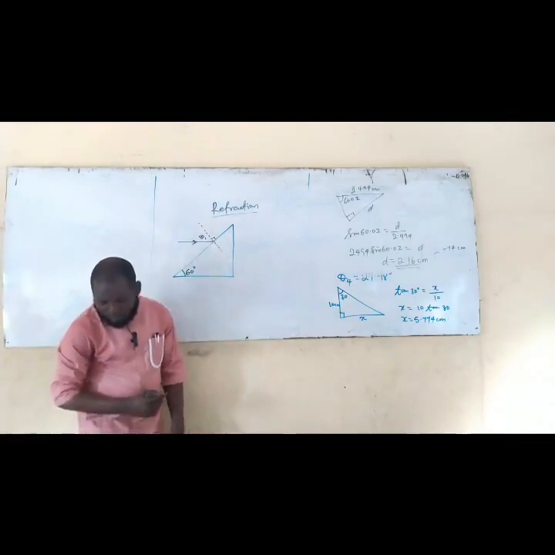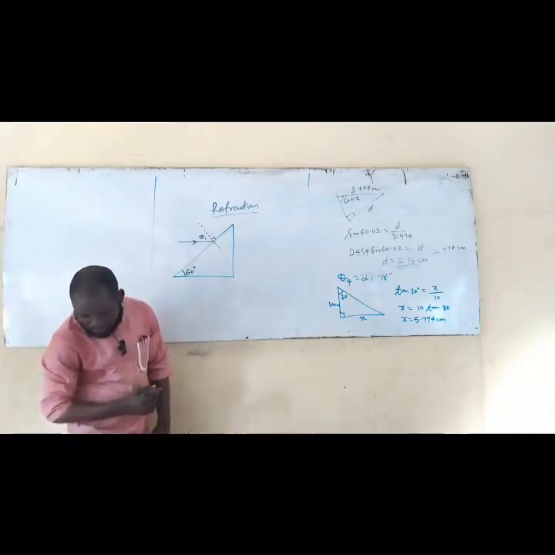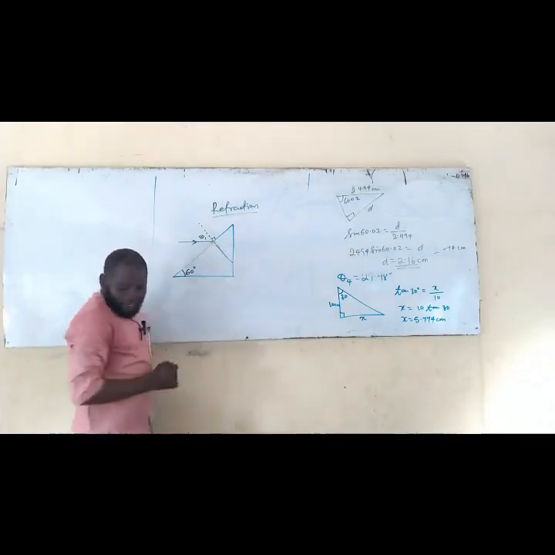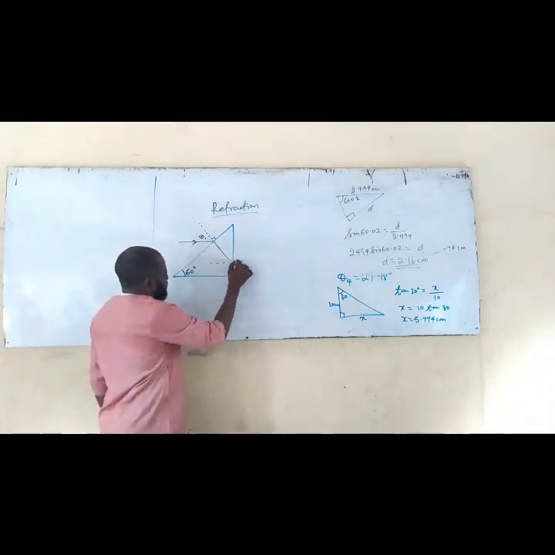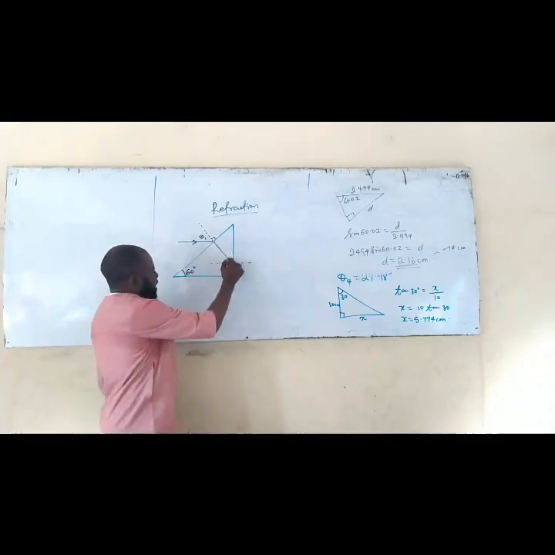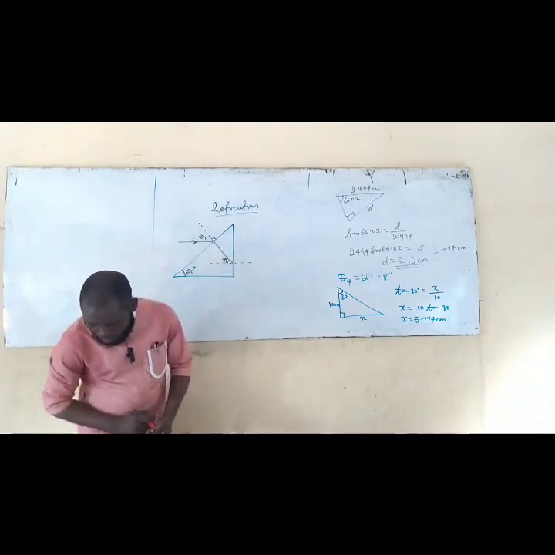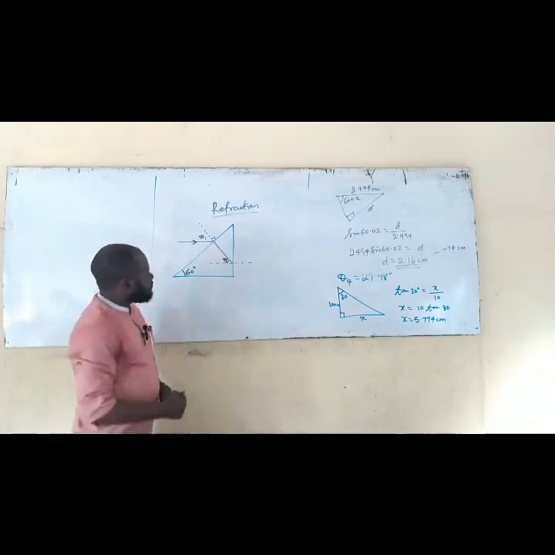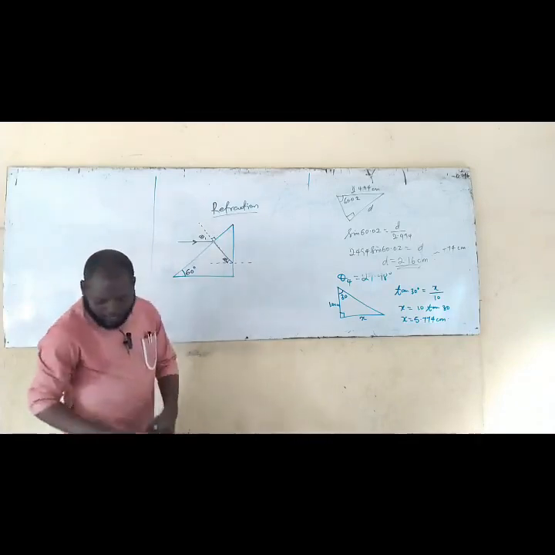Okay, so this ray of light travels and strikes this. Okay, so when it strikes, I have my normal to be this. So if that is my normal, between the normal and this, I have what? Theta 2. Okay, so if that is theta 2, then I'm not getting the diagram right.